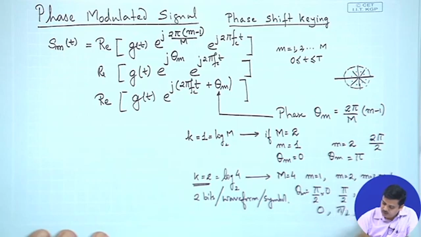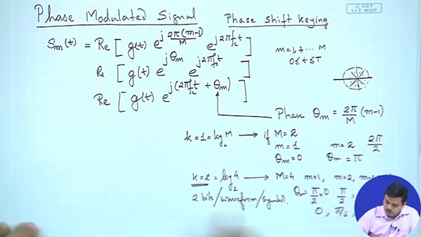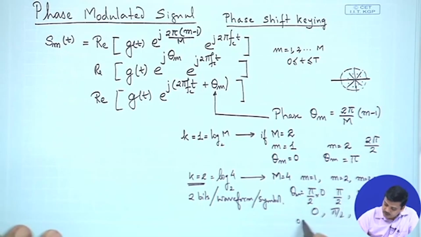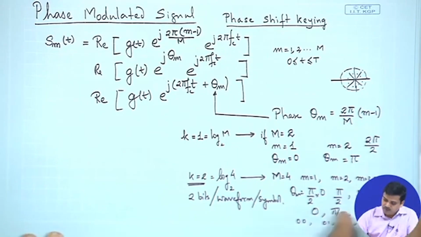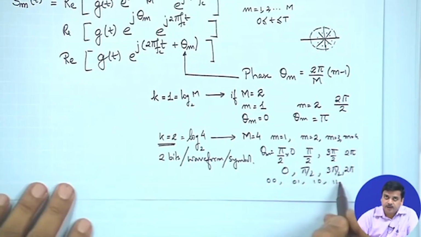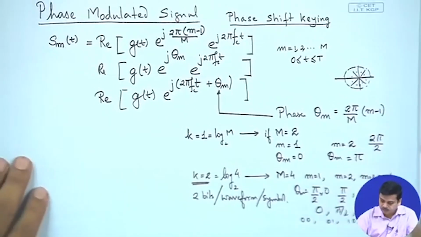Now, it is a matter of mapping the bits, that means you have to map 00, 01, 10, 11 to these. If you have to map these bits, again we would work out some kind of Gray coding as we have discussed earlier when we looked at the signal space diagram.